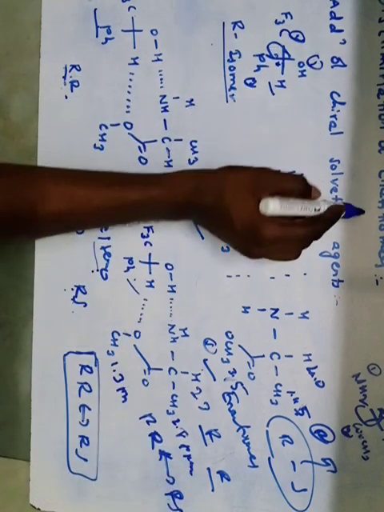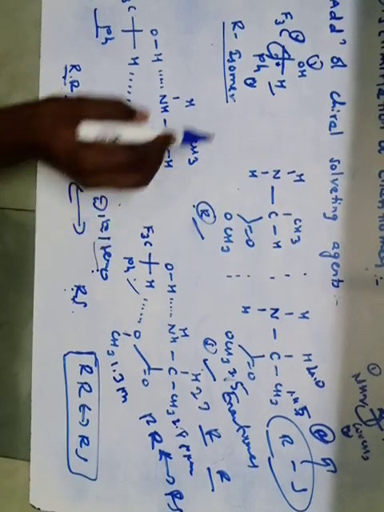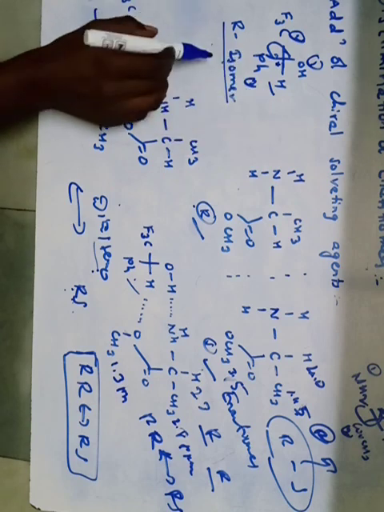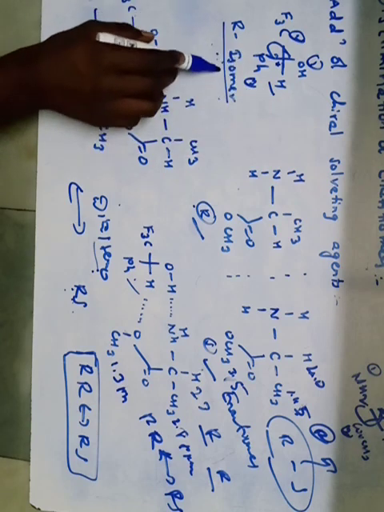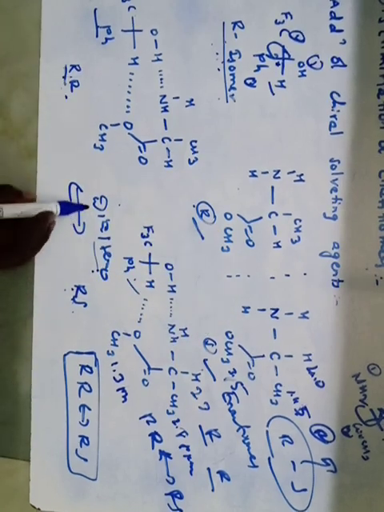In order to differentiate the enantiomers into diastereomers, we add one chiral reagent. If we add a chiral reagent, the individual enantiomers can be converted into diastereomers.